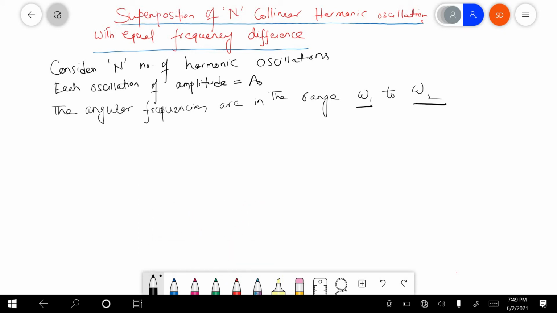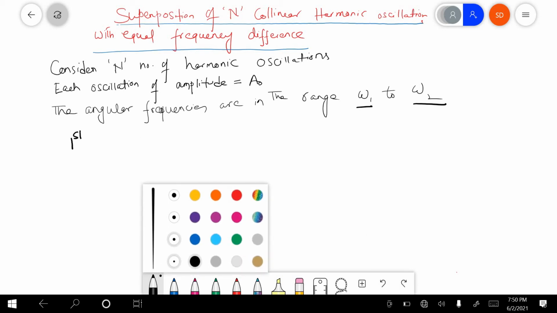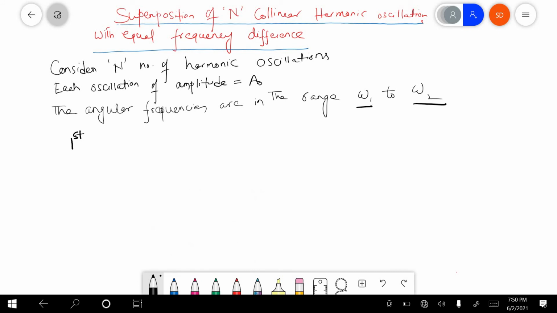And we have the harmonic oscillations as follows. The first harmonic oscillation, let it be represented by x1 equals a naught cos omega 1 t.